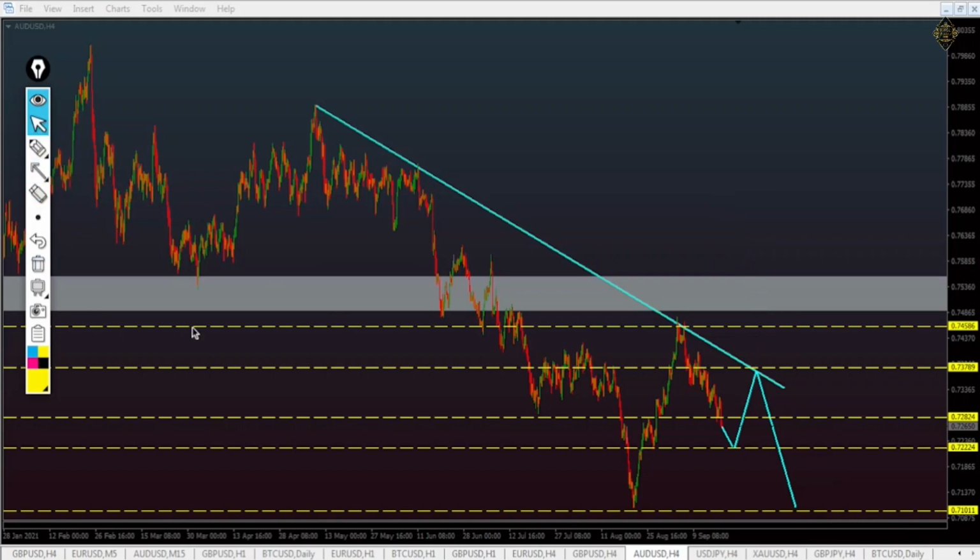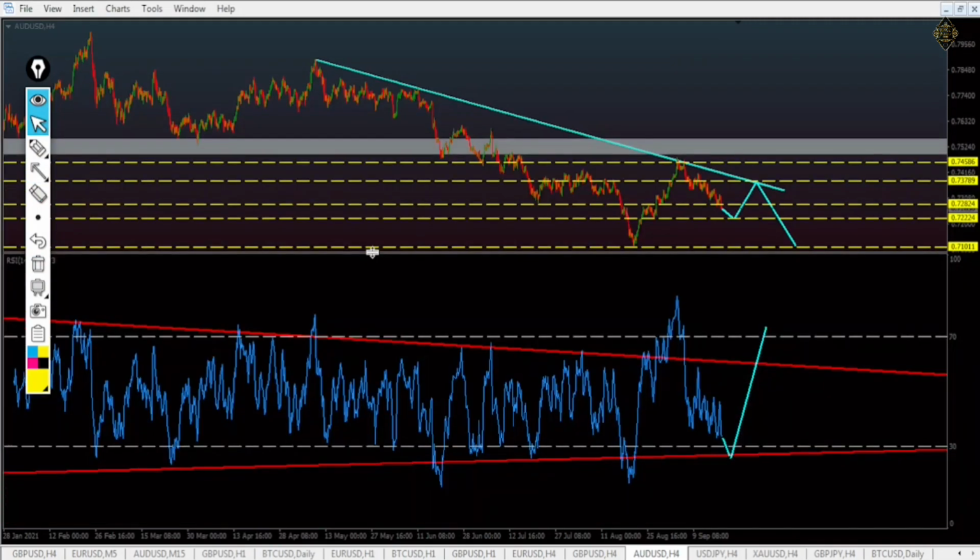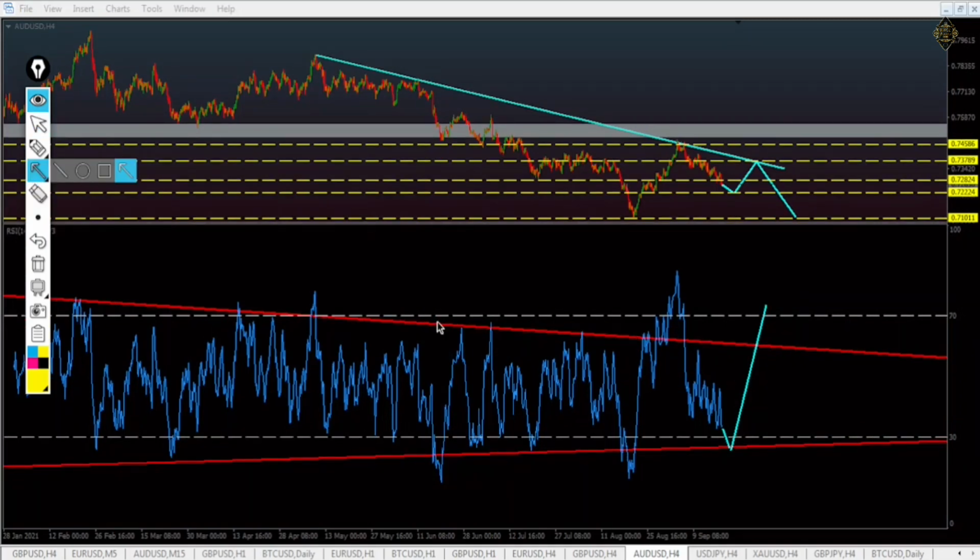Let me analyze for you the RSI, as I told you. Here in the RSI, as you see, if you remember, we said from here it's going to fall down, and that's what happened. Here, it hasn't touched it yet. So our view to it, it will fall down a little bit, but it hasn't touched the downward trend.